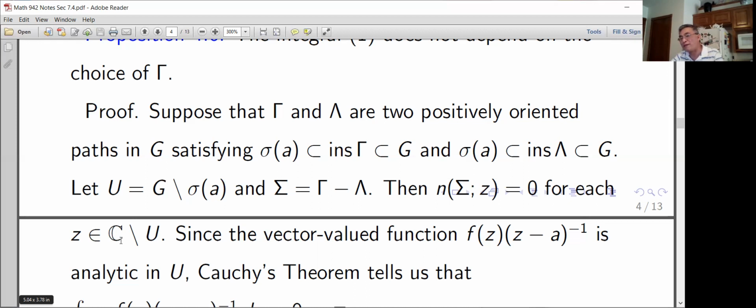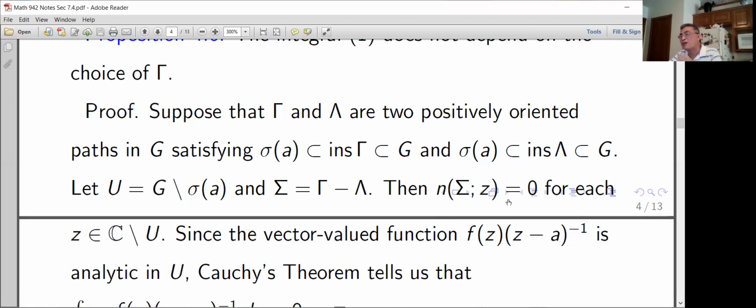Possibility number one, z is outside of G. Possibility number two, z is in sigma of A, because U is G minus sigma of A. We want to convince ourselves that in each of these cases, the winding number is equal to 0.